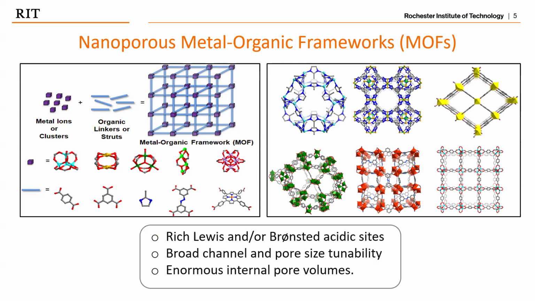For people who are not very familiar with MOFs, a MOF has two parts, inorganic and organic. The inorganic part has metal ions or clusters. By changing the metal ions, you can get different kinds of clusters, coordination numbers, and coordination environments, like metal-oxygen, metal-sulfur, or metal-nitrogen bonds. For the organic linker, you can use different types of linkers, like porphyrin or tetracarboxylic.